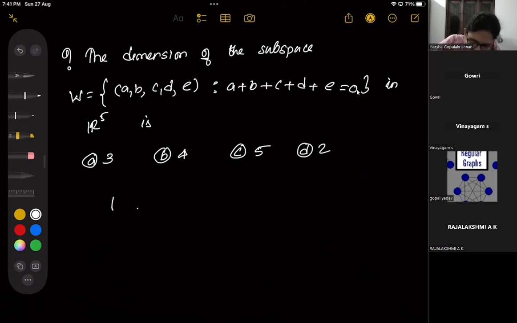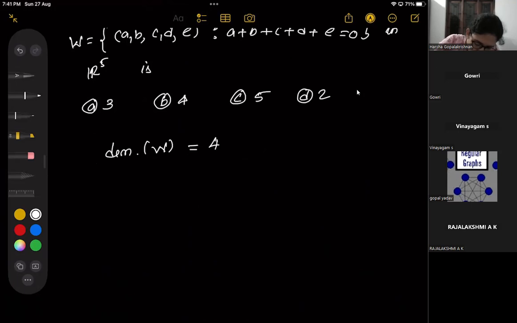As I already told, using the condition, we need to check how many independent variables we can take, like we need to generate the whole subspace. So here actually the general form is A, B, C, D, E in R5 with the condition A plus B plus C plus D plus E equal to 0.